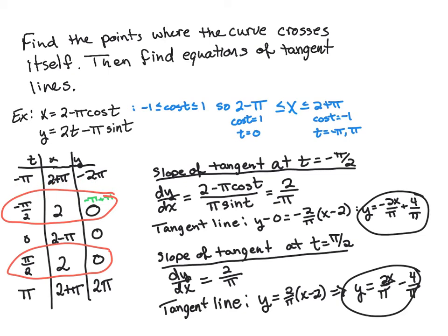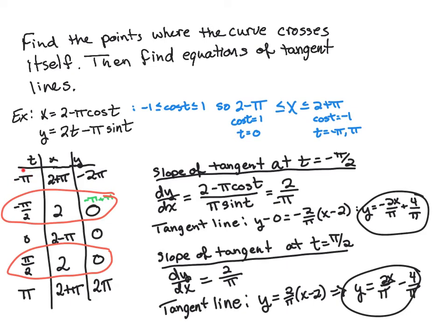Sometimes you may have to cram things in. When you're doing parametric, and especially when we switch to polar, you want to start at one end of the graph and go to the other. You don't want to mix these values up. I started with the smallest that I care about, and I moved through to the largest that I care about, because I found maximum and minimum values for one of my variables.